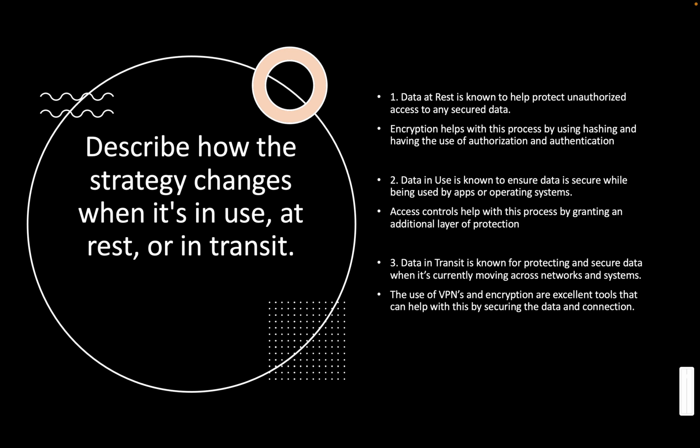All right. Lastly, we're gonna see how the strategy is changing when it's at rest, in use, or in transit. So first things first, data at rest is known, like I said, to help protect unauthorized access to any secure data. It is best to have the strategy, as I mentioned earlier, of encryption, because by being able to create unique hash values, you're able to make sure that you add an extra layer of security.